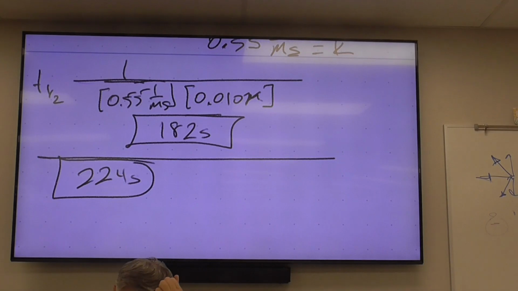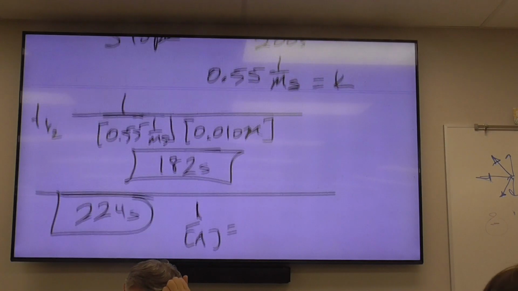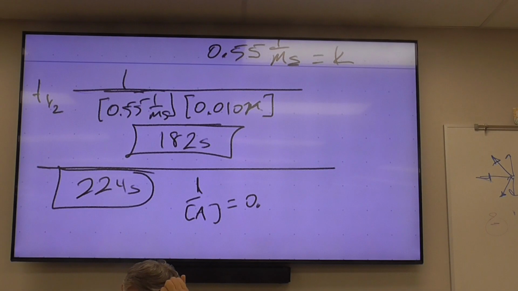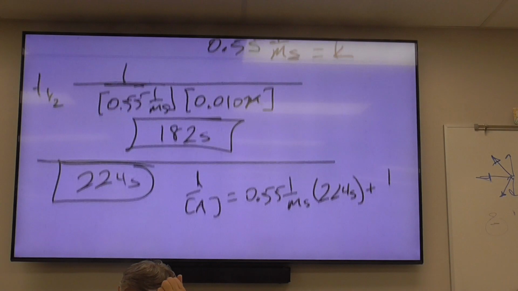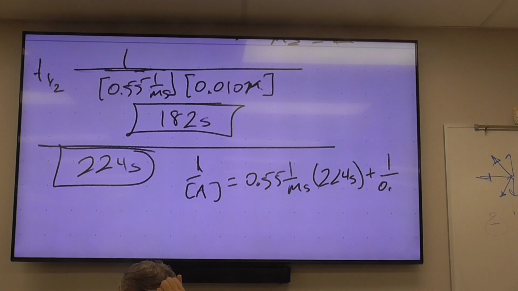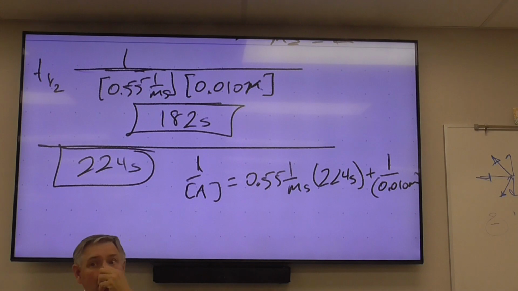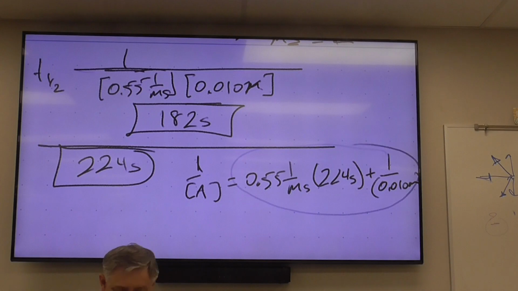So I've got 1 over A is going to equal my slope, which we said was 0.55, in 1 over molarity seconds, times 224 seconds, plus 1 over my initial concentration, which is 0.01 molar.